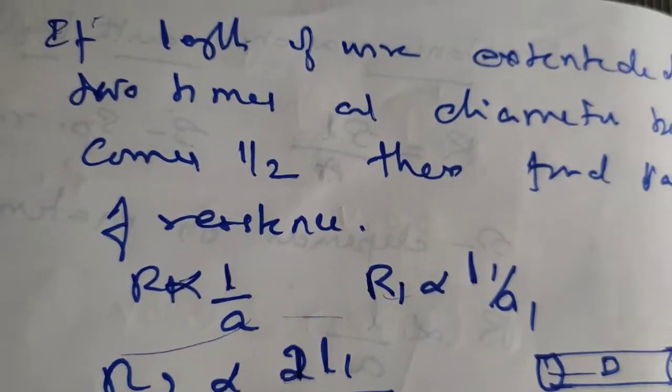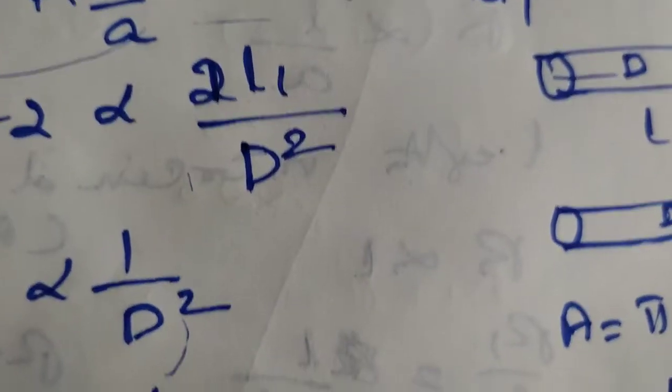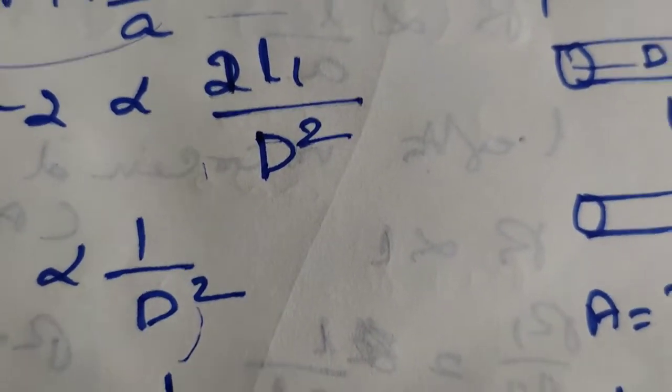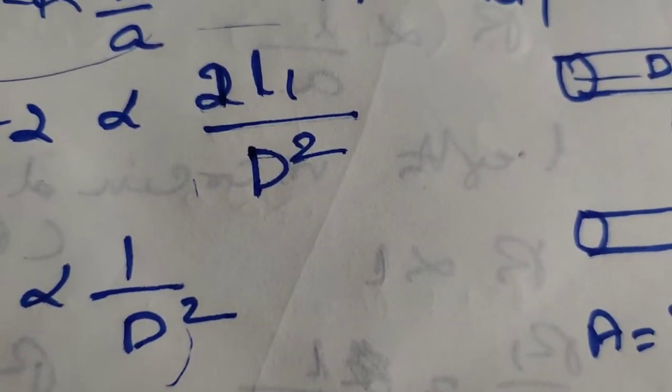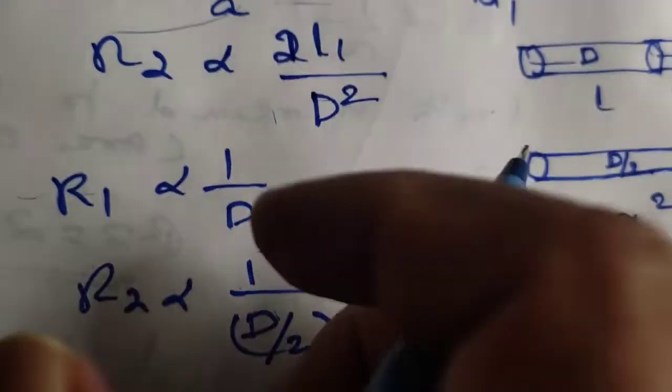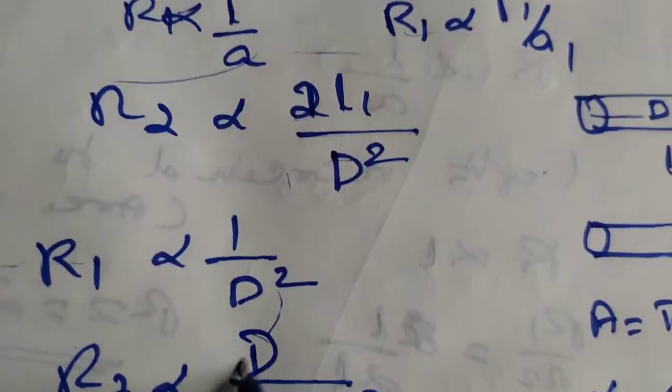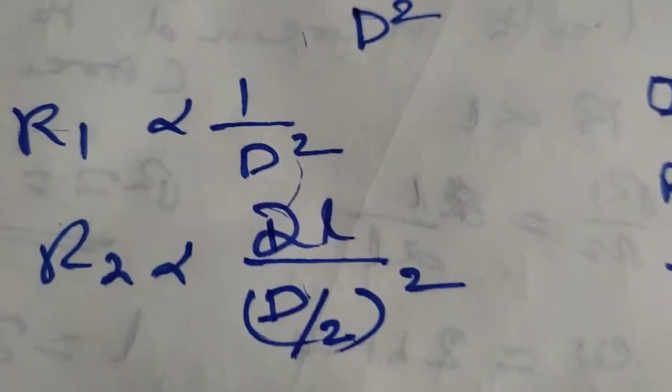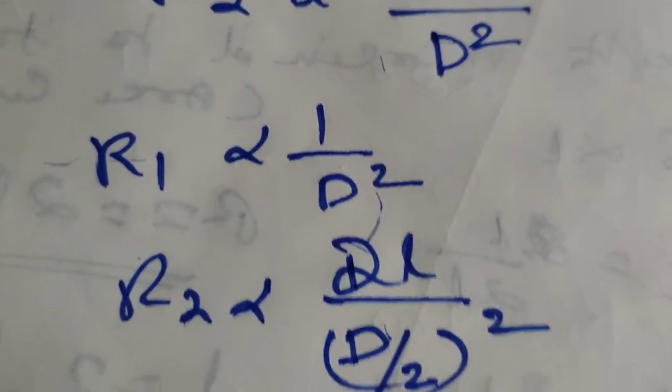diameter is becoming half. So D is becoming D by 2 squared. L is becoming 2L, so 2L by D by 2 squared.